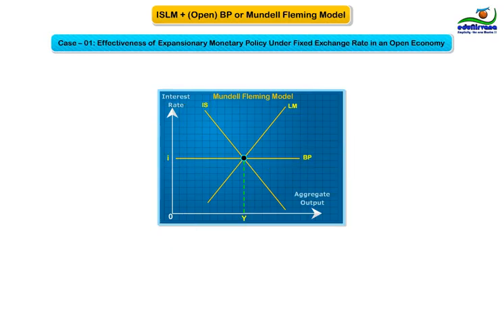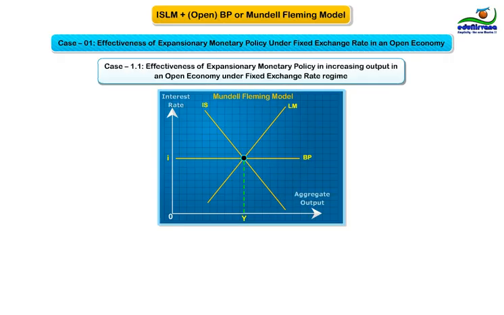Case 1. Let us utilize the model to assess the efficacy of monetary and fiscal policies for open economies under a fixed exchange rate regime. Let's first see case 1.1, the effectiveness of expansionary monetary policy in increasing output in an open economy under a fixed exchange rate regime.